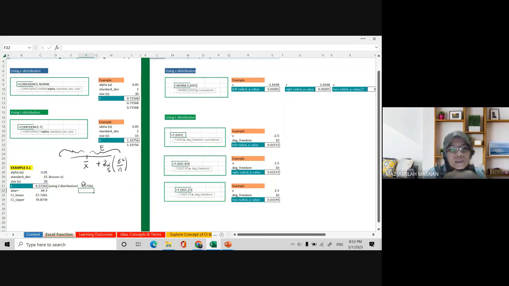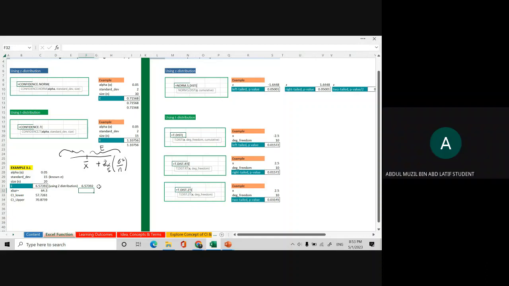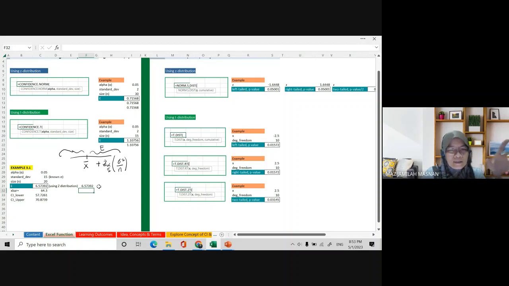Up until now, does everyone understand what you should do in order to get the margin of error? Okay, class? Now, how can we find the CI? Last time we did it manually, right? Now since we know our margin of error, by using the given sample mean, we can find the lower bound and the upper bound.